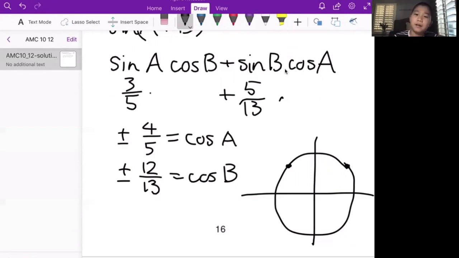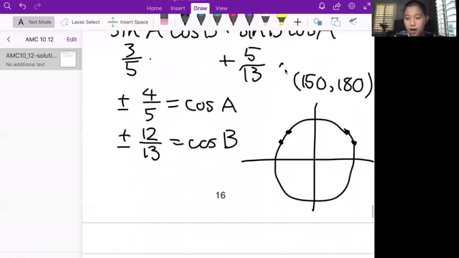And then B must have sine of 5/13, so either here or there. And then we want A plus B to be equal to 180 minus C. Since C is less than 30 degrees, that means in the range of 150 to 180.